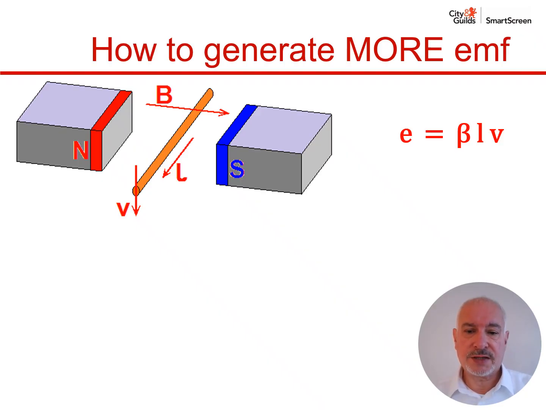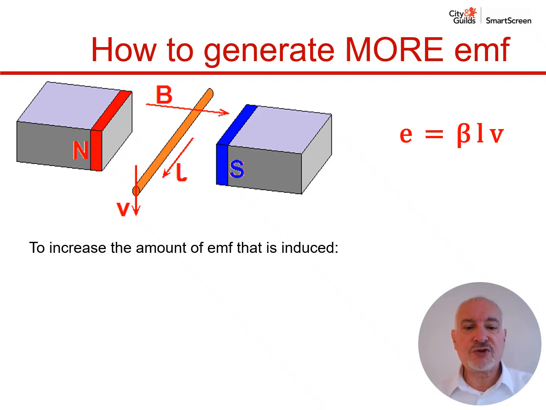Now what this means is that we can increase the amount of electromotive force that is induced if we can increase any of these three values. Now I'm going to show you in the diagram. So this is meant to be the letter beta. It's not quite written correctly, but there we are.